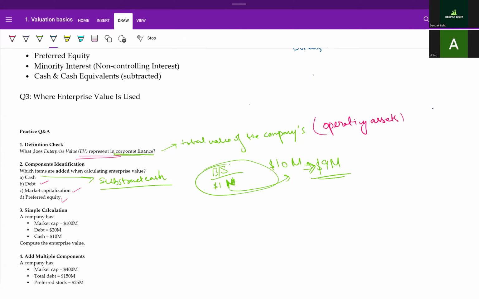Cash is not a component of enterprise value. So the formula for enterprise value is market cap plus debt plus preferred equity, and we subtract the cash out of all this.